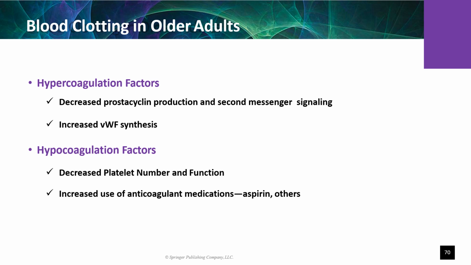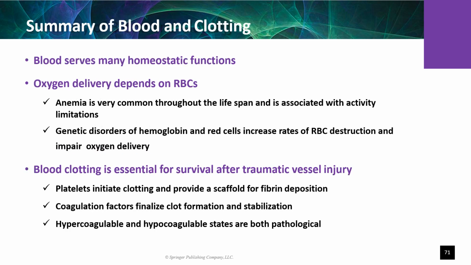Cardiovascular, cerebrovascular, and peripheral vascular diseases are often treated with drugs that affect clotting: aspirin, warfarin, direct oral anticoagulants, or platelet ADP receptor antagonists, like clopidogrel. This is a summary of blood and clotting.